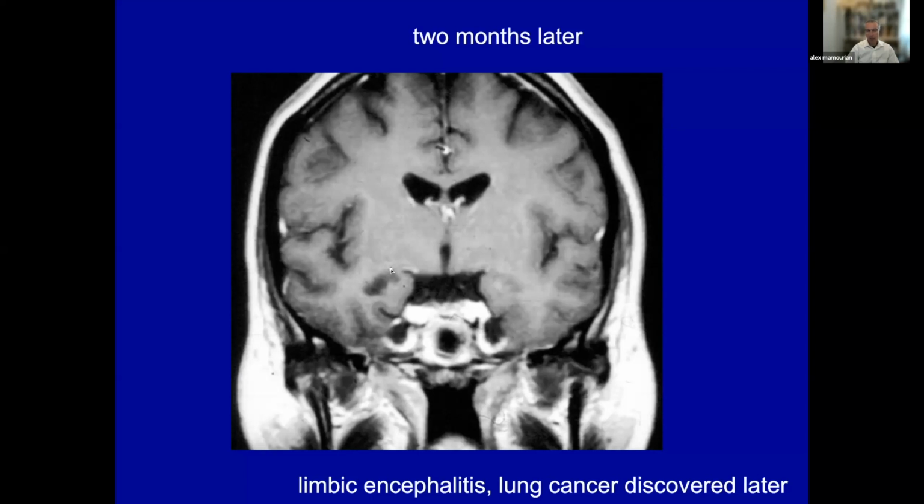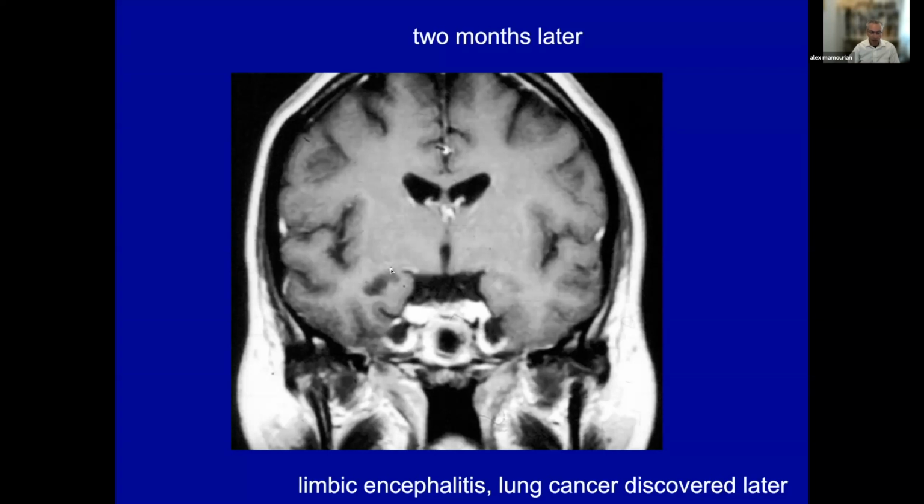So limbic encephalitis is one of the paraneoplastic syndromes that has a brain representation that manifests itself in the temporal lobes. It can be unilateral, it can be bilateral. And from an imaging point of view, it's actually quite difficult to discriminate from herpes simplex encephalitis.